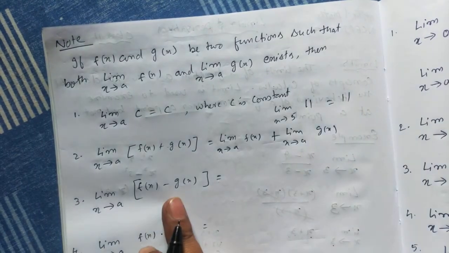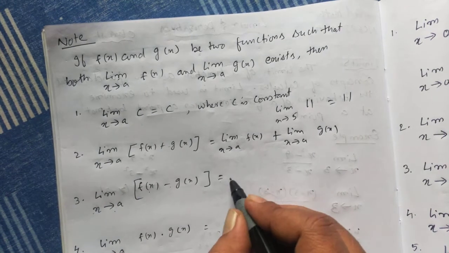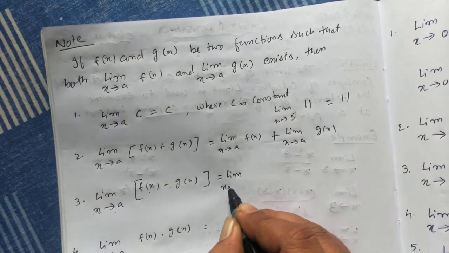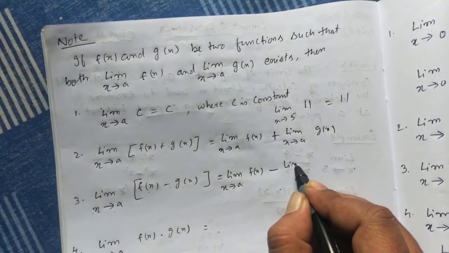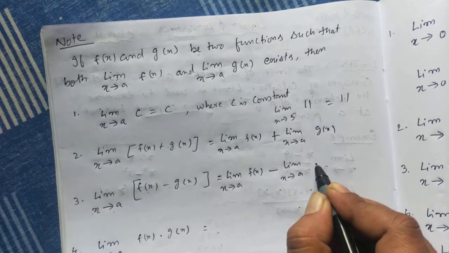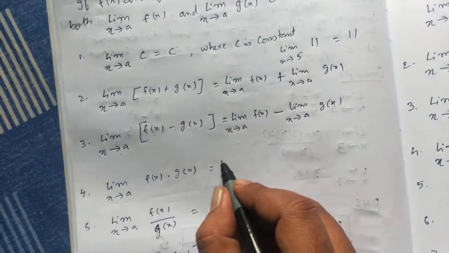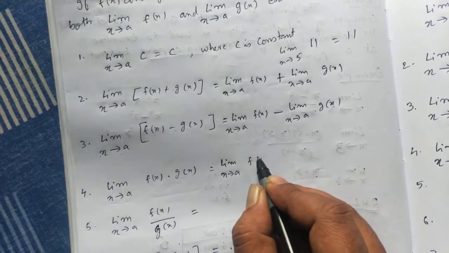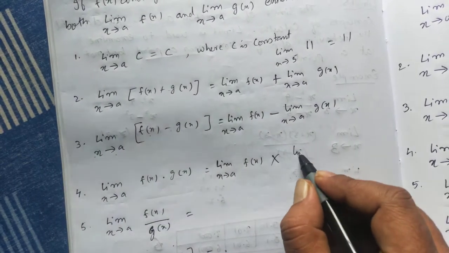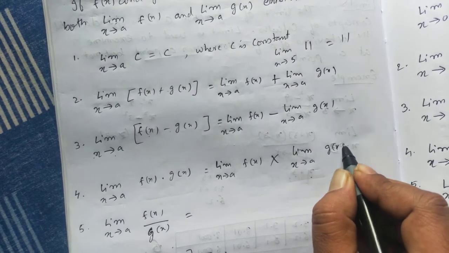If it is minus also no problem. We can write limit x tends to a f(x) minus limit x tends to a g(x). If it is product also no problem. Limit x tends to a f(x) into limit x tends to a g(x).